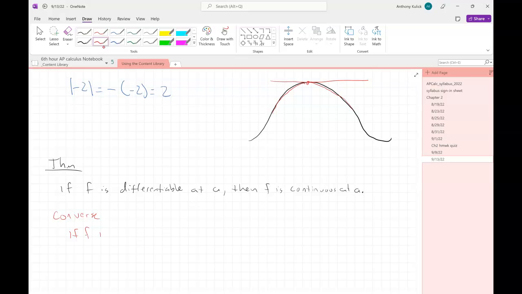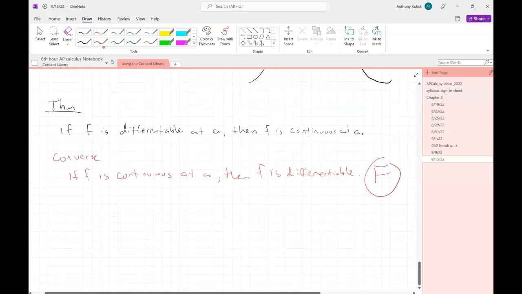If f is continuous at a, then f is differentiable at a. What do you guys think? This is false. What's your counterexample?